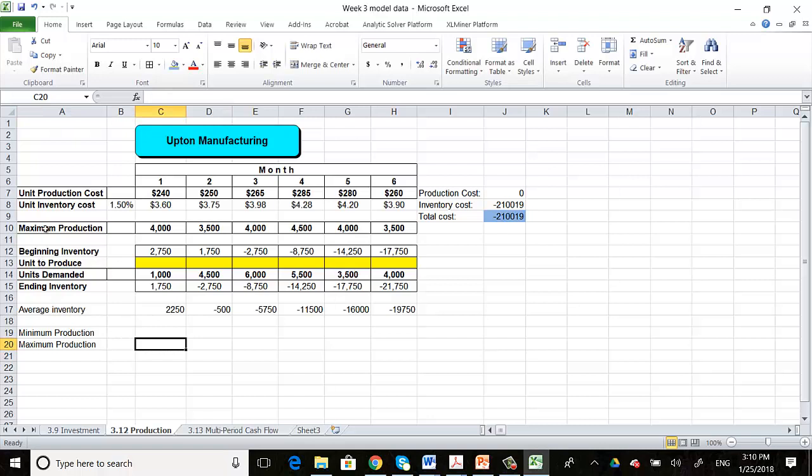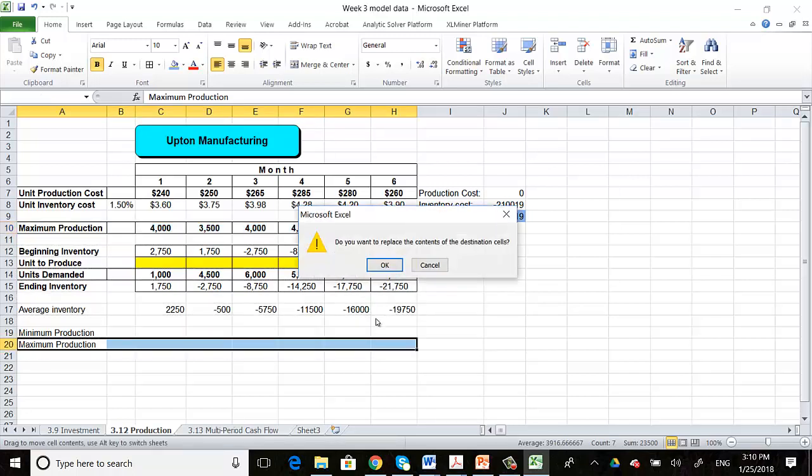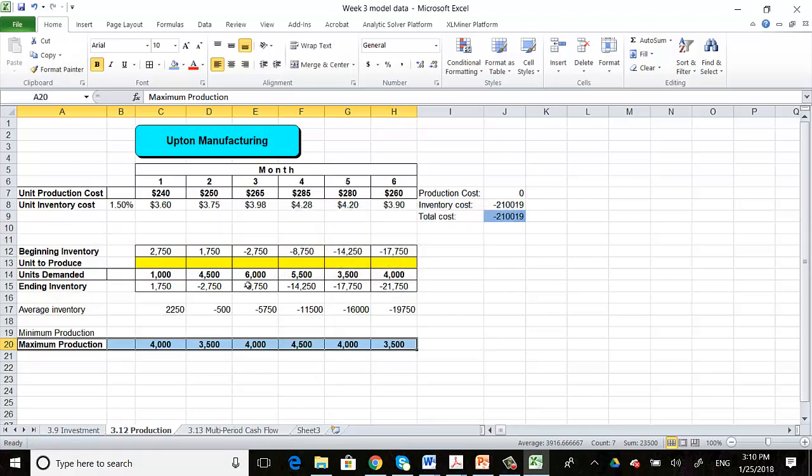Oh, actually we do have the maximum production. I'm going to just move this row here. So the maximum production, I'm going to move it here. Replace, okay. And the maximum production is from the book. The minimum is like half of those, so it's like this one divided by 2.